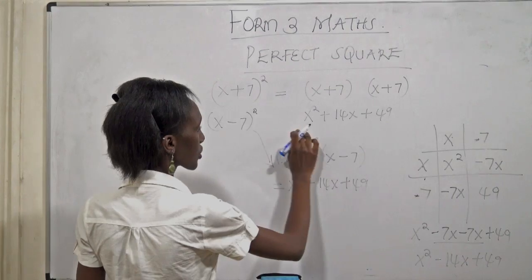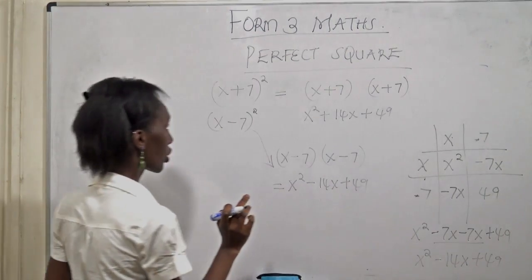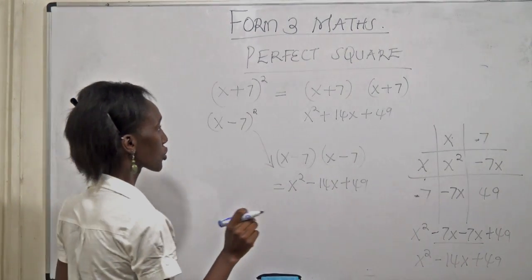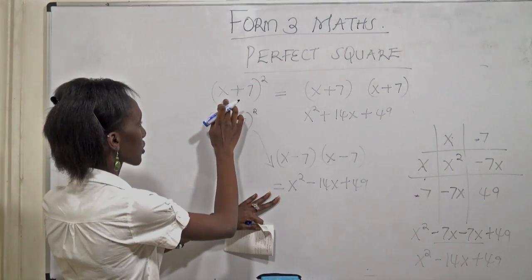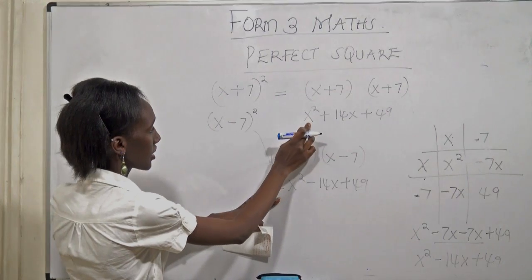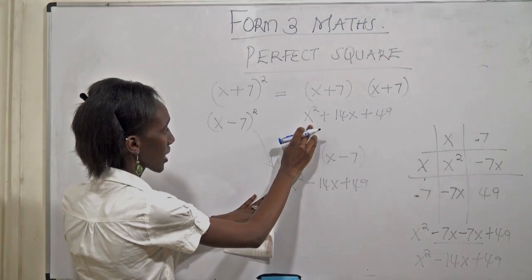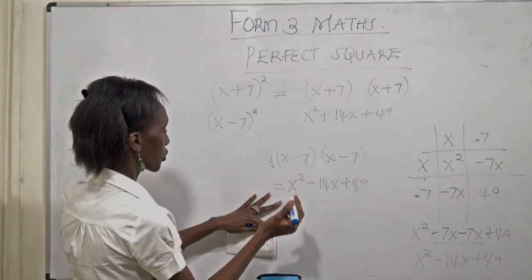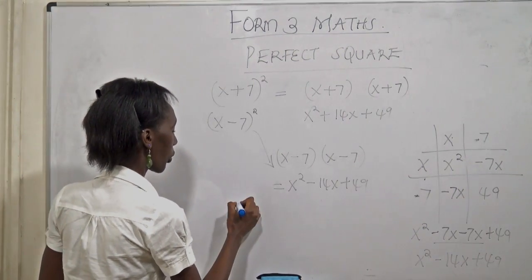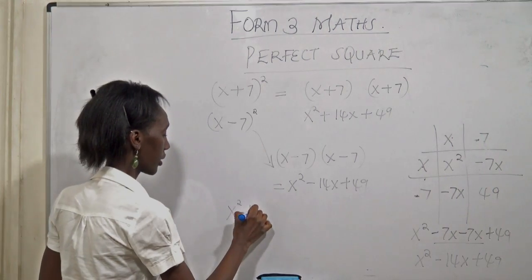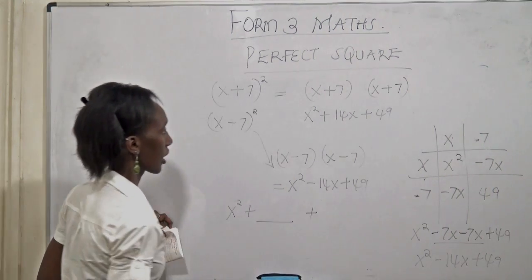So if you look at these two sets of numbers, that is where we're going to derive our equation for perfect squares. So realize, if I have x, when you square it, you're going to get x squared. So it means you square the first number, then go to the last number.